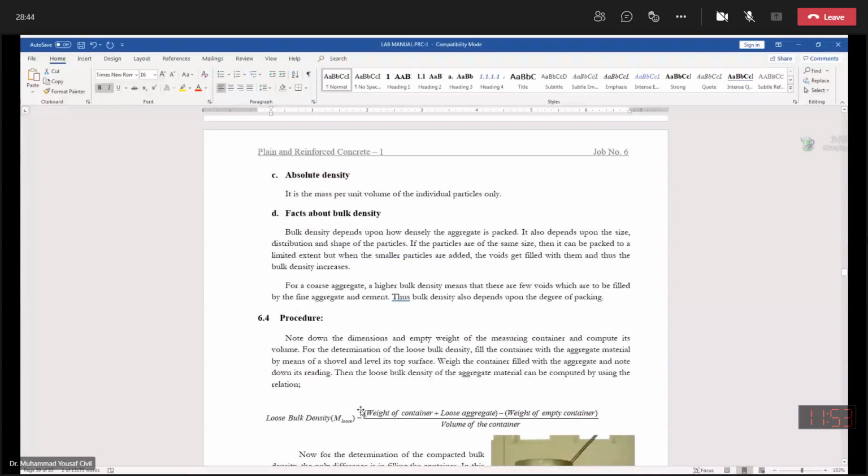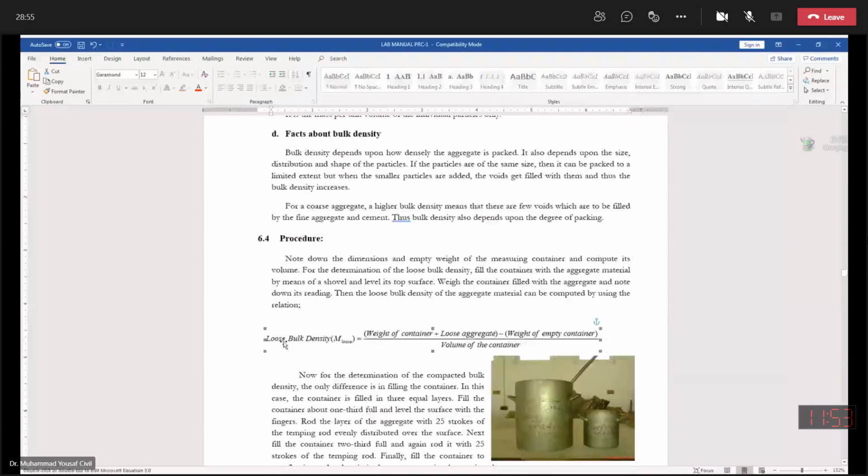Now, if we talk about the first one, loose bulk density, this word is simply stating that it is regarding the loose material. What is the procedure? This is a container. All dimensions are written over there: diameter, length meaning height, the weight, and the volume.